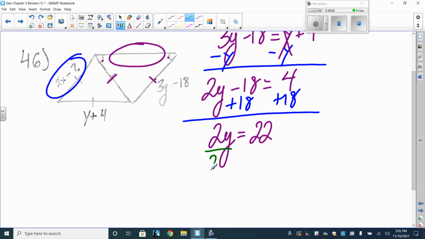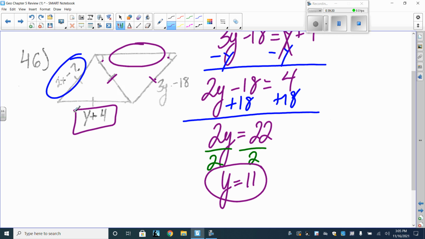And last but not least, we would divide both sides by 2, telling us y is equal to 11. Okay. Now, we can plug it back in, especially right here, because what is 11 plus 4? 15. So all of these here are going to have a measure of 15, yes?